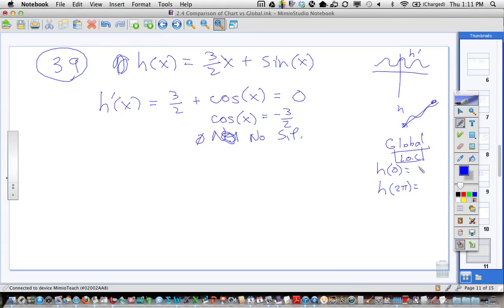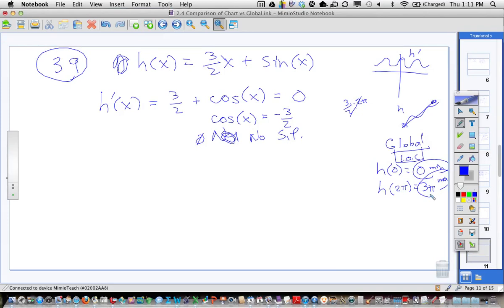Sine of 0 is 0. And we plug in 2 pi. Sine of 2 pi is 0. 3/2 times 2 pi, the 2's cancel, so 3 pi. So that's our max, and that's our min, which we knew was going to happen. We knew the minimum would be at the left edge because of what we talked about a minute ago, and we knew the max would be at the right end, which it is.